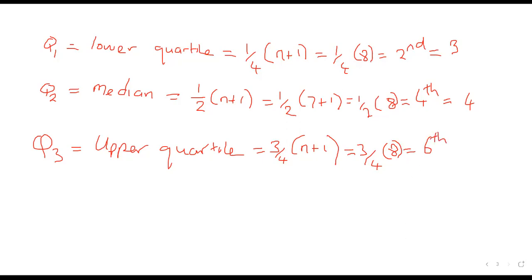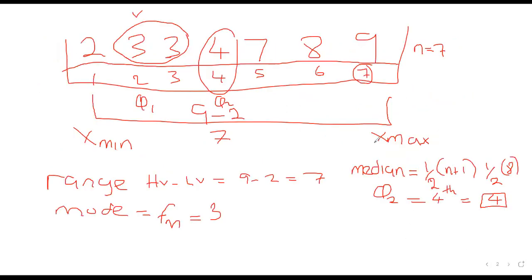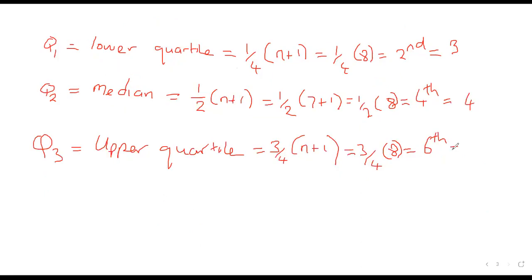So we go to the data and look for the 6th position. What's the actual answer? 8. So our 8 is called our Q3.